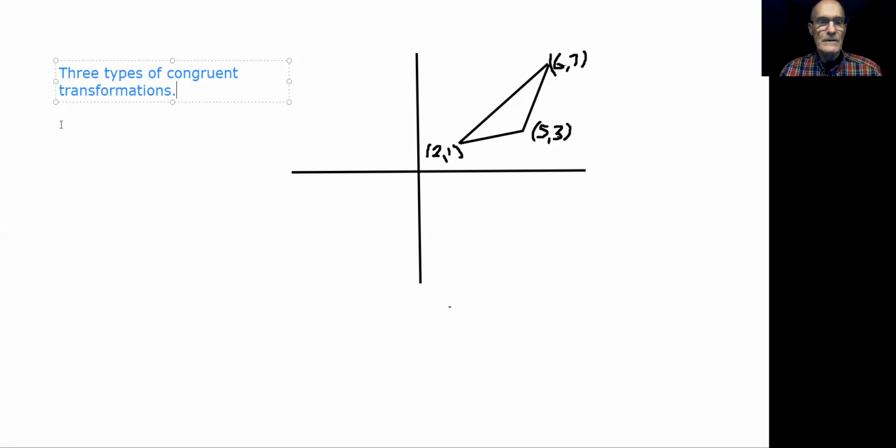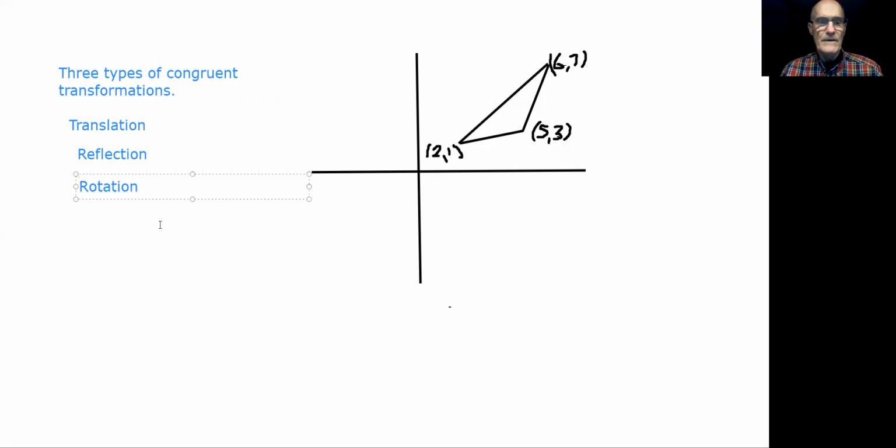So the first one we would have down here is a translation. The second one would be a reflection. And then the third one will be a rotation.